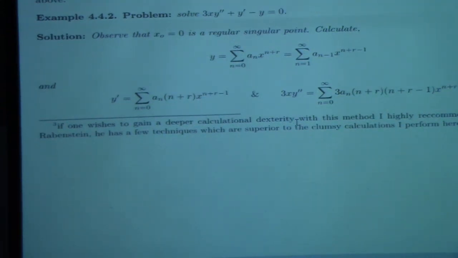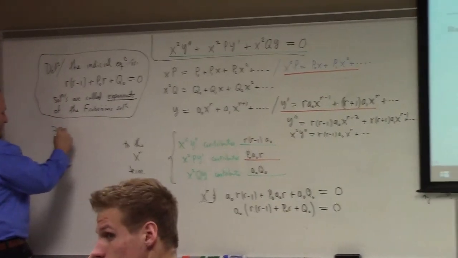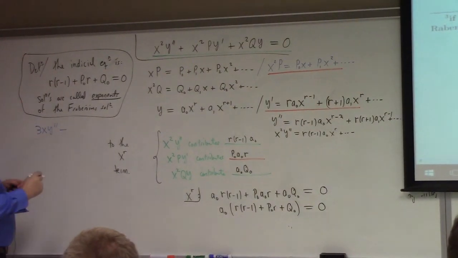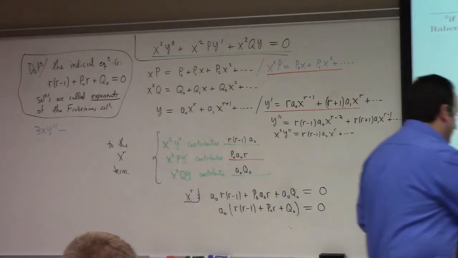So let's solve 3x y prime prime plus y prime minus y equals 0. At x equals 0, x0 is a regular singular point. If you divide this by x squared, what do you get?